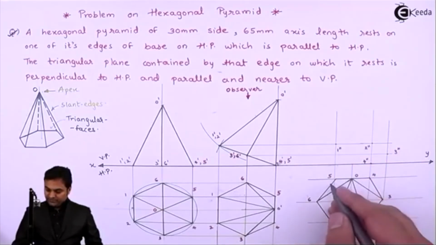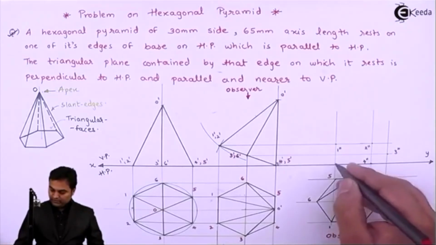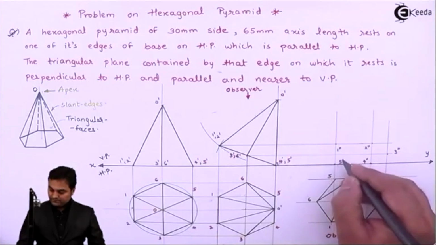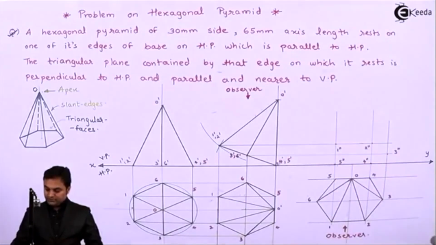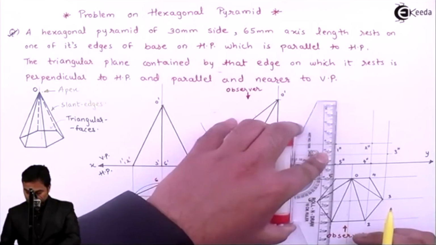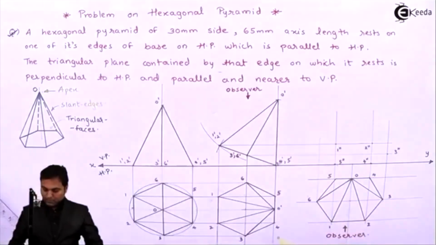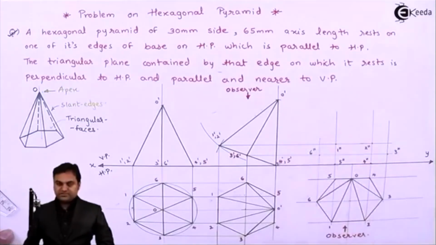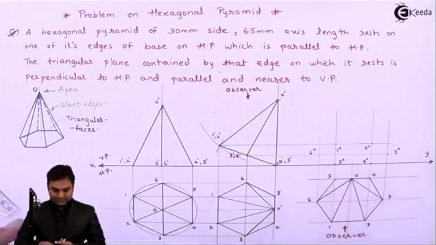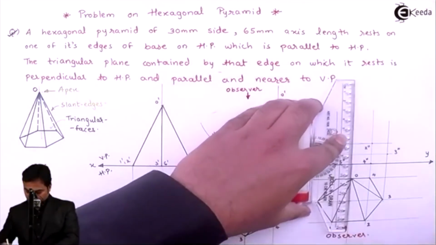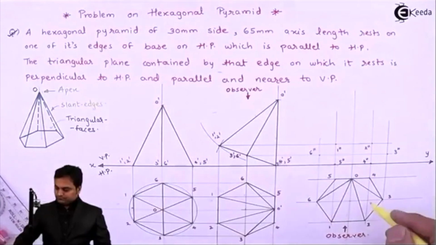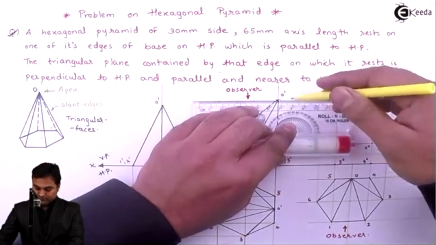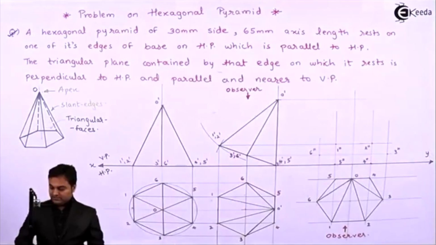Next point 5 is on the same level as 1, so here I'll get the point 5 double dash. Then there is point 6 which is left. 6 and 3 are on the same level, so where we got 3 dash, there will be 6 double dash. Then the apex is left. Point O is projected, and from here there will be O dash. Wherever they intersect, I'll get O double dash.